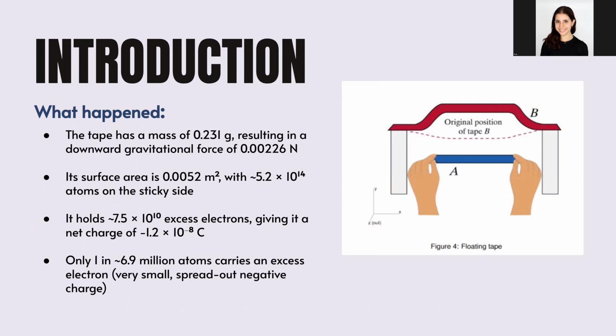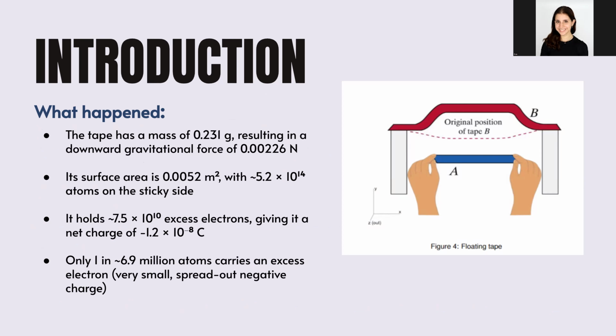So what happened in this lab is that I first saw that the tape has a mass of 0.231 grams, and this caused a downward gravitational force of 0.00226 newtons, and I show my calculations later in the lab.